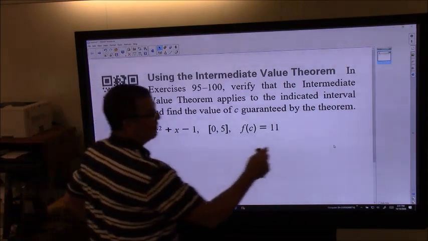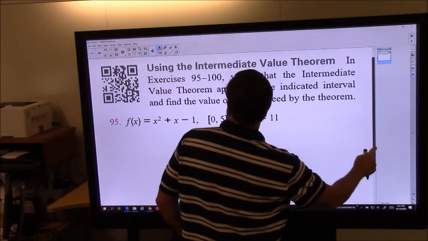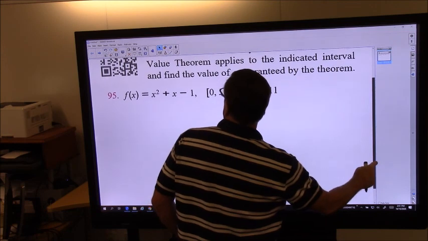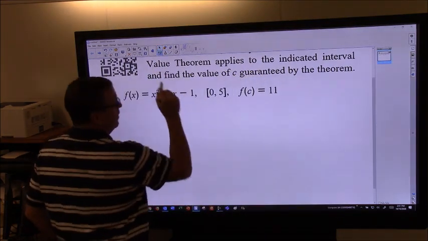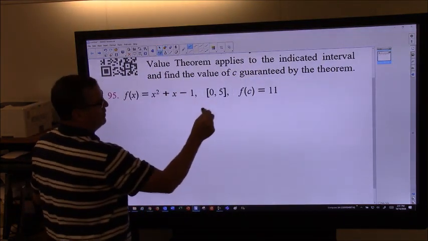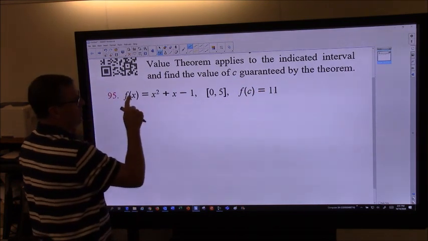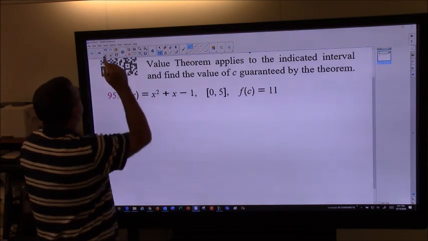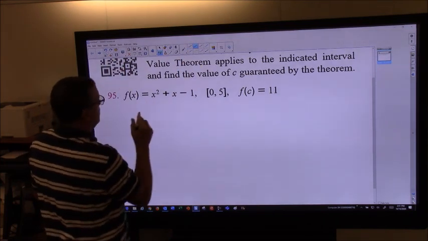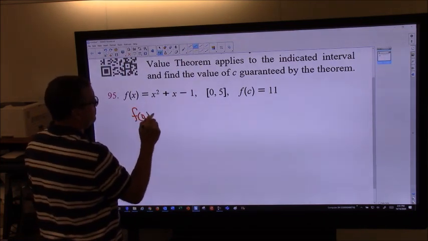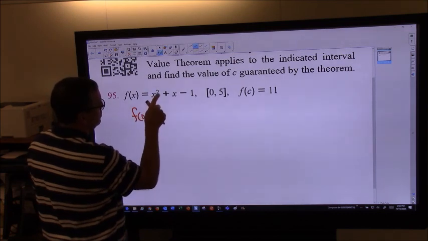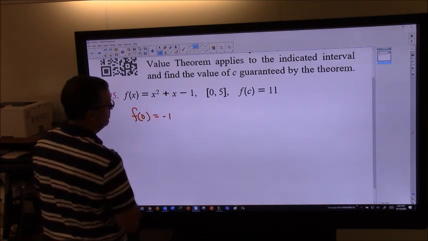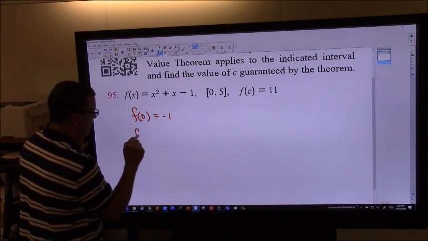All right, so we're going to do the same thing we did on the previous problem. Let me just slide this up. First of all, I have to show that 11 is between f of 0 and f of 5. So what is f of 0? Well, if I plug it in, I get 0 plus 0 minus 1. There it is. What's f of 5?